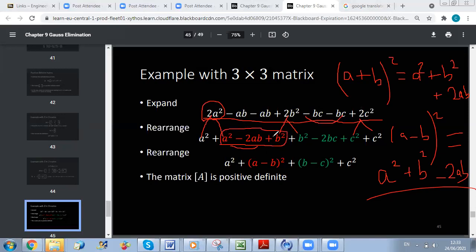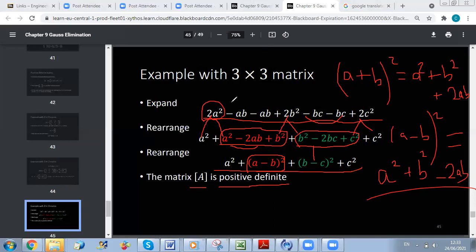So a square minus 2ab plus b square can be replaced by (a minus b) square, and b square minus 2bc plus c square can be replaced by (b minus c) squared. Therefore, I end up with a summation of square terms, which is of course positive. So now I can say I demonstrated that the matrix A given is a positive definite matrix.